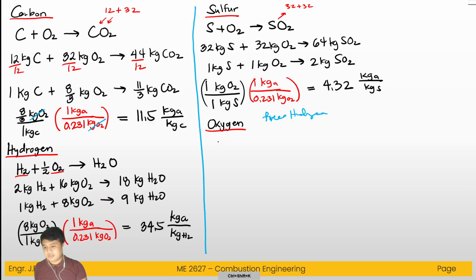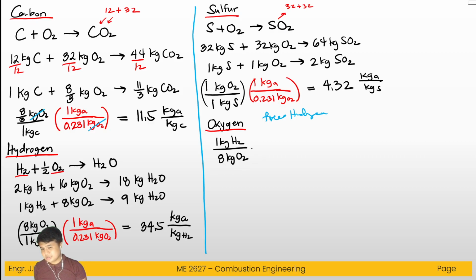So if you say you have 1 kilogram of hydrogen is to 8 kilograms of oxygen, no? Diba? Based on this. So parang if you have 1 kilogram of H2, then you have a same proportion of oxygen that is 8 kilograms.